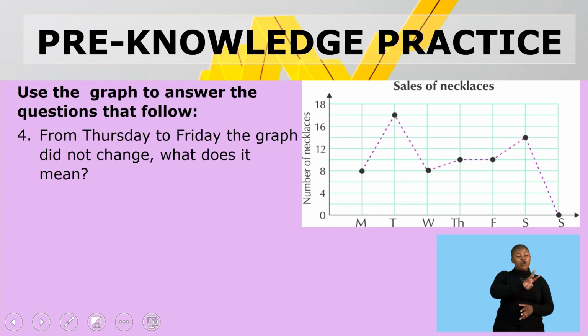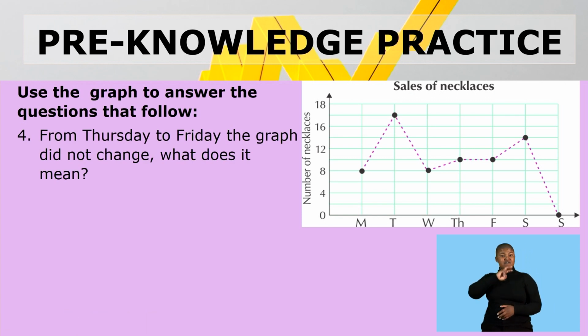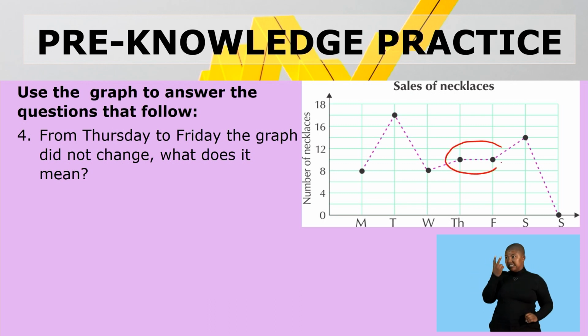From Thursday to Friday, the graph did not change. What does that mean? So it's over here. That is Thursday and Friday. And the graph remains at 10.